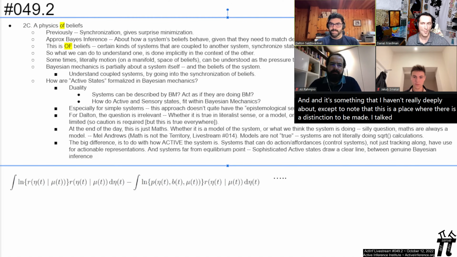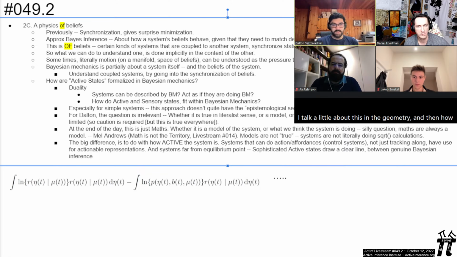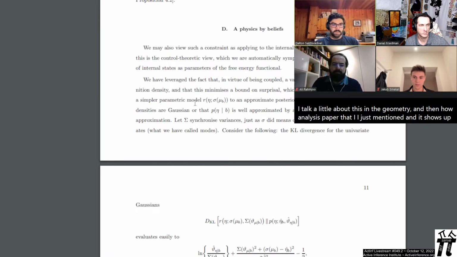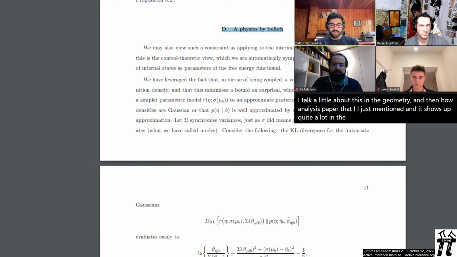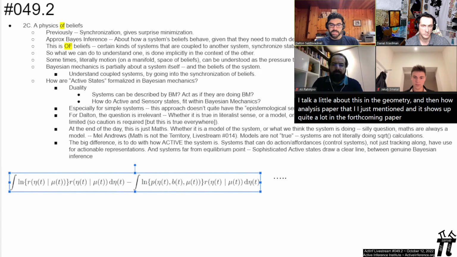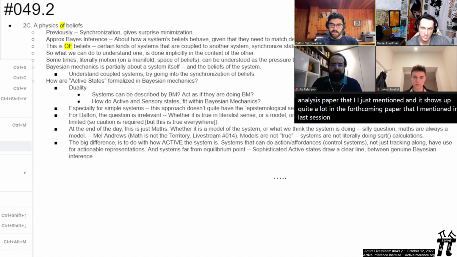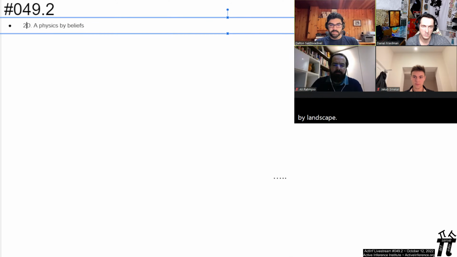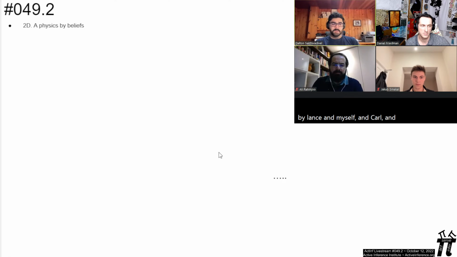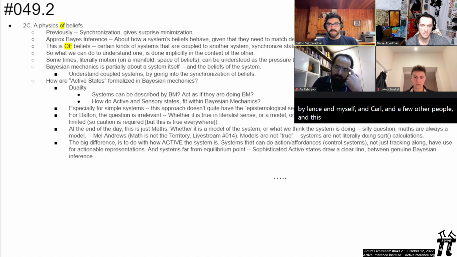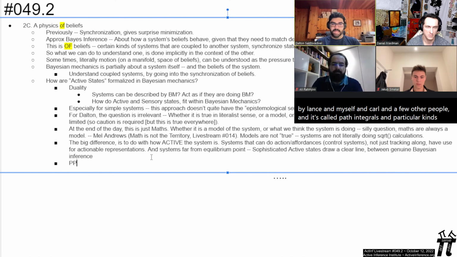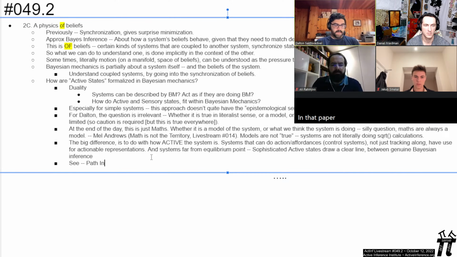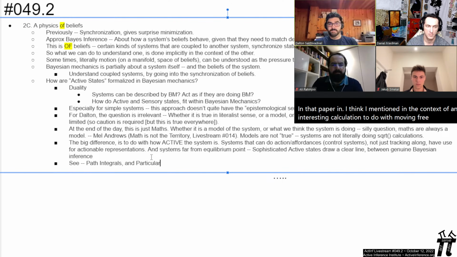I talk a little about this in the geometry and analysis paper that I just mentioned. And it shows up quite a lot in the forthcoming paper that I mentioned in the last session, which is by Lance and myself and Carl and a few other people, and is called Path Integrals and Particular Kinds. In that paper, I think I mentioned it in the context of an interesting calculation to do with moving frames of reference.